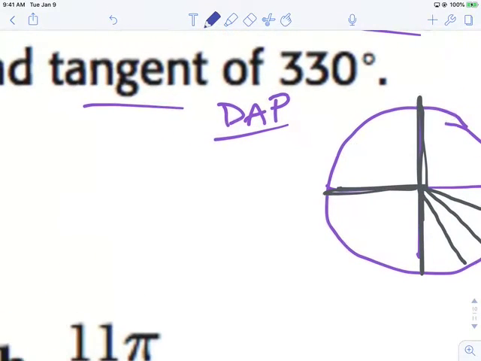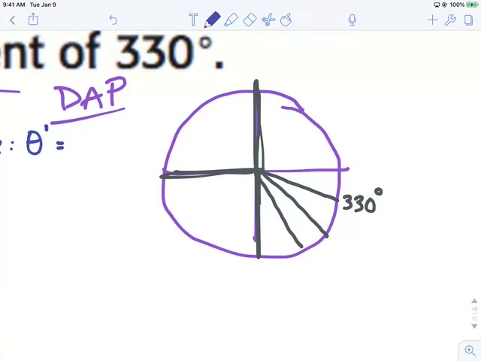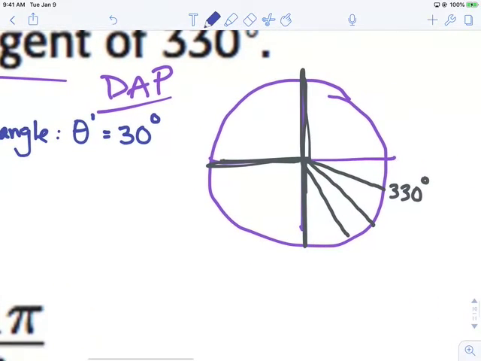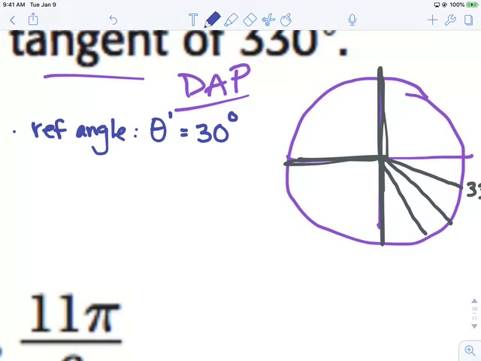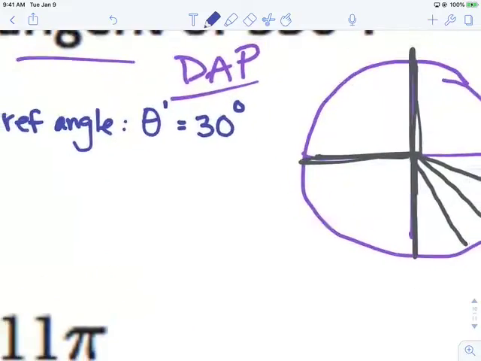Well, the reference angle, 30 degrees, would get me back to the x-axis. We want tangent.